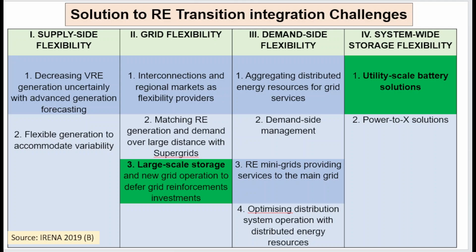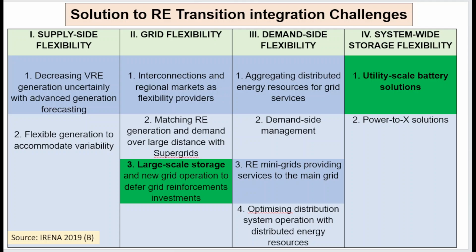Then system-wide storage flexibility, utility scale storage solutions can be there, power to X solutions. So power to X is another broad topic. So power to X basically means this power is converted to any X form. That X form can be converted back to power or may not be converted.